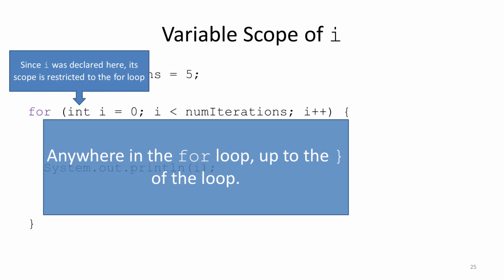So because the int i is inside the parentheses as part of the initialization component of the loop, the scope of that variable i is restricted to the for loop. So you can use it in the parentheses and you can use it anywhere inside the body of the for loop. That is up until the closing curly bracket of the for.